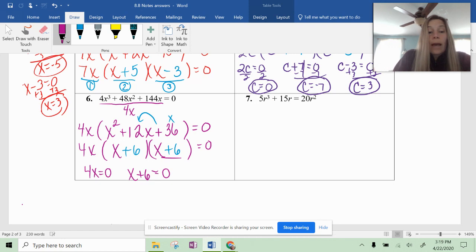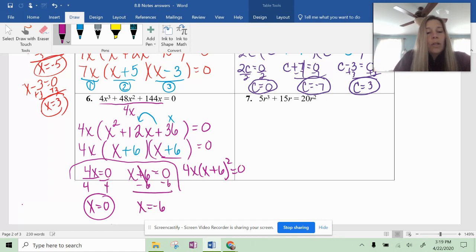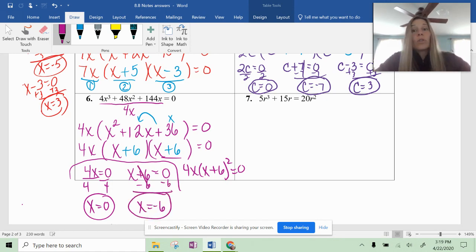So you could have, I'm just going to write over here to the side, written 4x times x plus 6 squared equals 0, and then you would only know to do it once. All right, so we're going to divide by 4 here. X equals 0 is one of our solutions. Then subtract 6. This is our other solution. And technically, we still do have a third solution. It's just another negative 6, so we don't have to really bother finding it.